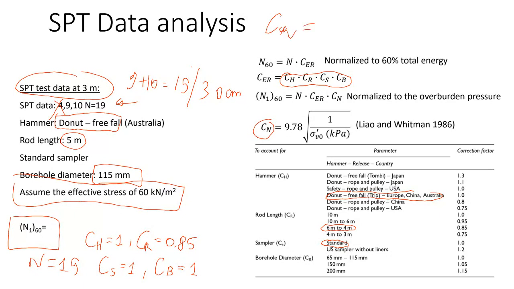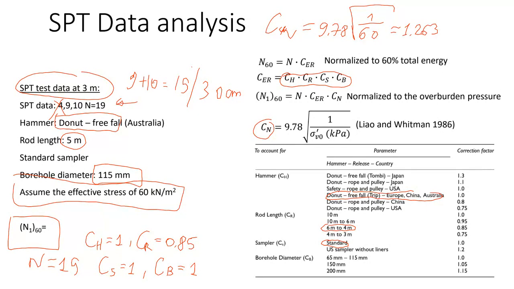It's equal to 9.78 times the square root of 1 divided by, and it's given to us as 60. Kilonewton per square meter is the same as kPa, same thing. When I did the calculation, it gave me the factor of 1.263.